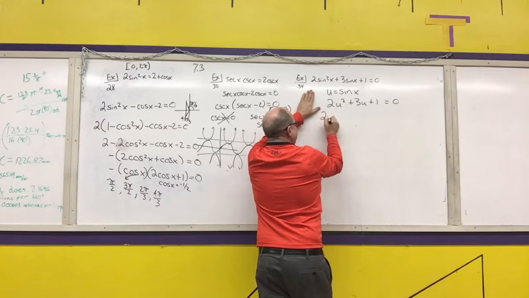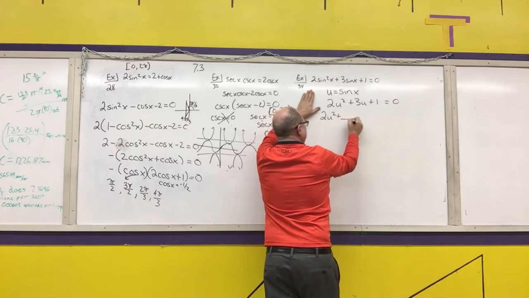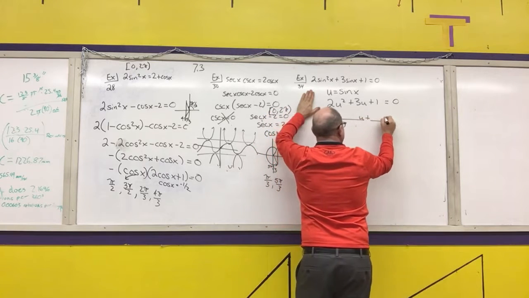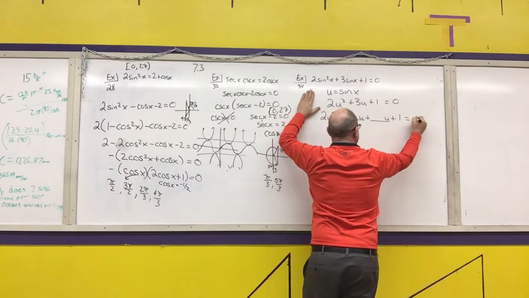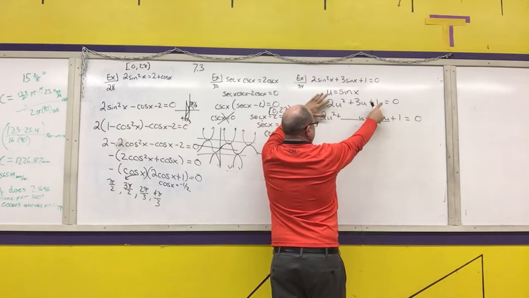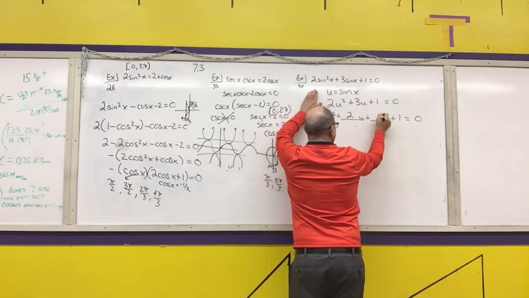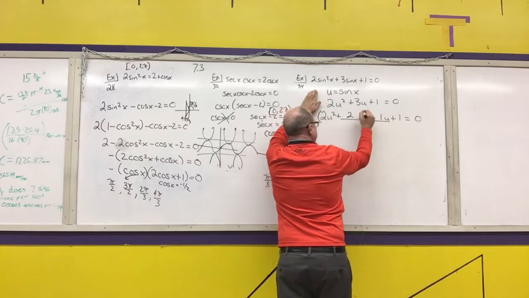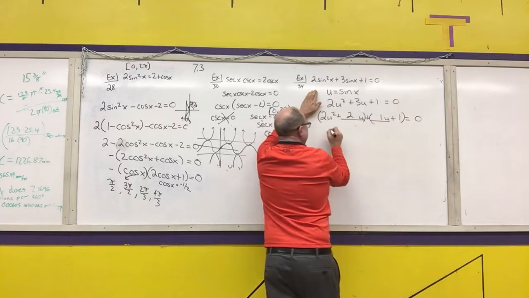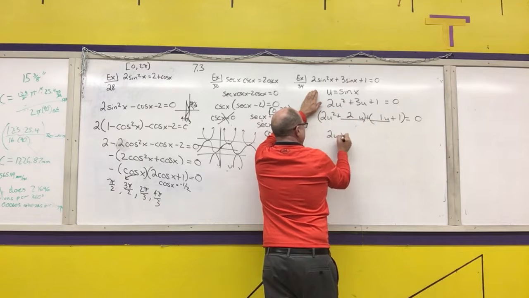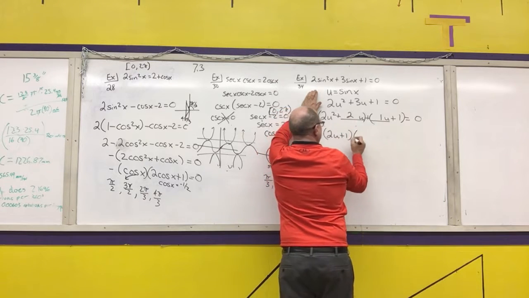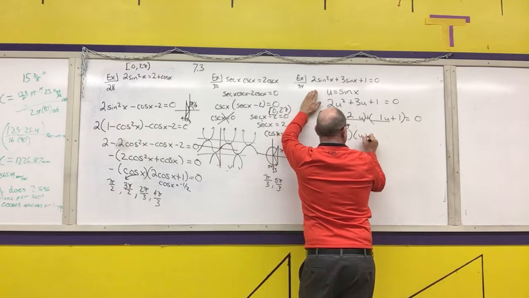Grouping. 2u squared plus blank u plus blank u plus 1 equals 0. Two numbers that multiply to 2 that add to 3 are 2 and 1. Factor by grouping. And I end up with 2u plus 1 times u plus 1.